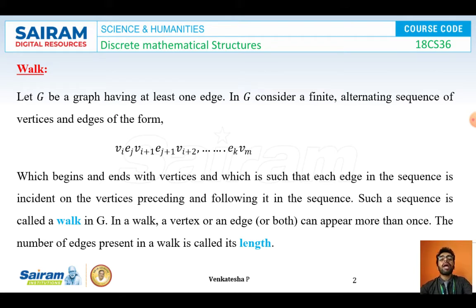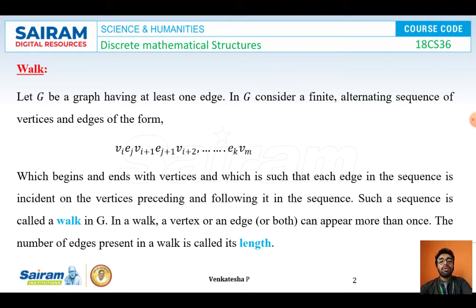For example, I'm taking a graph. This graph has at least one edge, and consists of a finite alternating sequence of vertices and edges of the form vi, ej, vi plus 1, ej plus 1, vi plus 2, and so on, ek and vm. We can see that this sequence begins with a vertex and ends with a vertex, and it contains alternating vertices and edges.